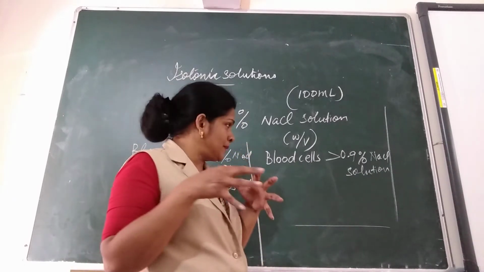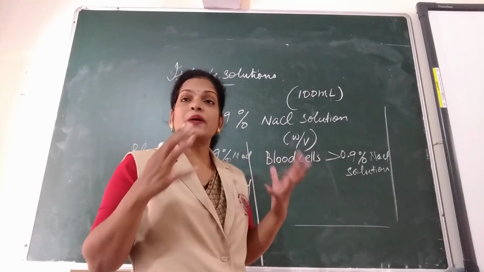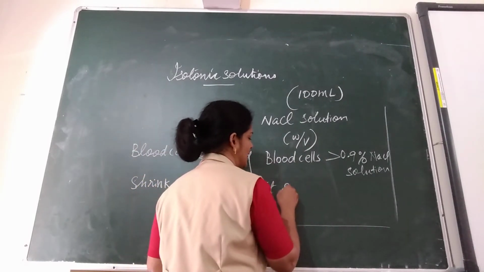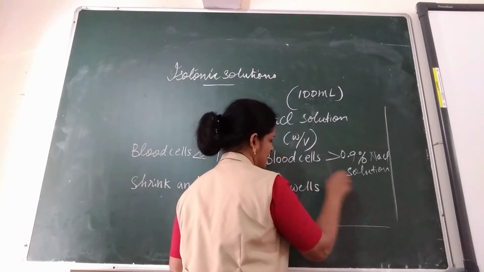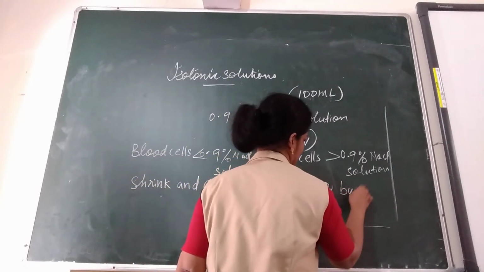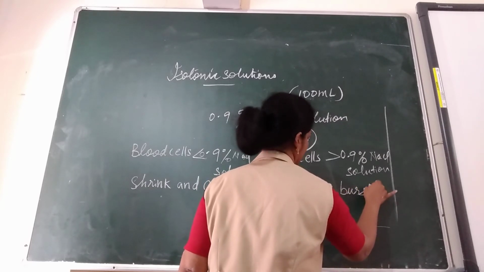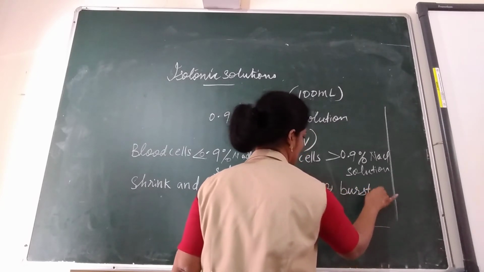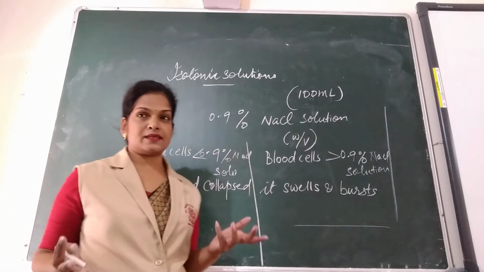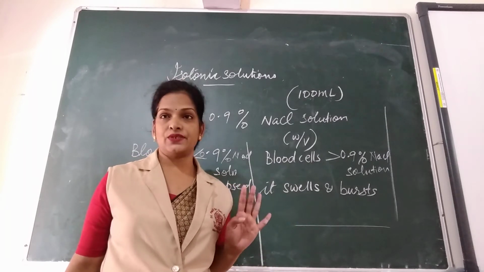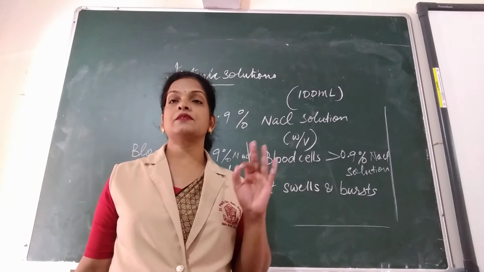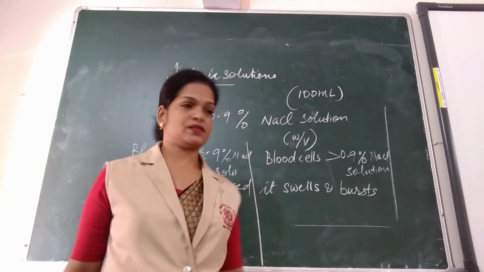So blood cells will be swelling. Blood cells swell and burst. So both the conditions are dangerous. So before injecting anything into our bloodstream, its osmotic pressure is to be checked.